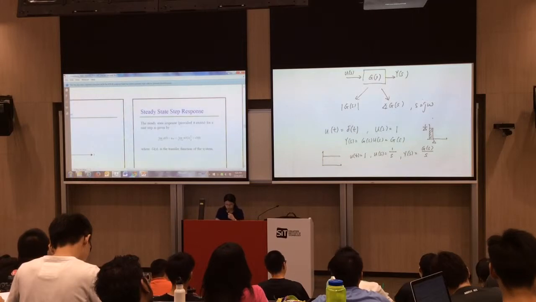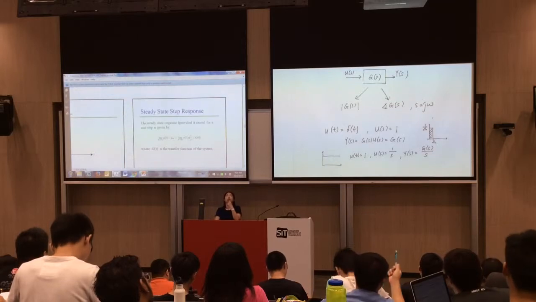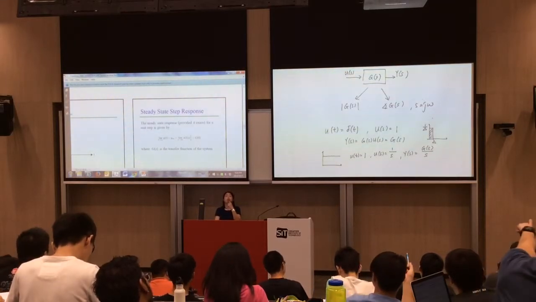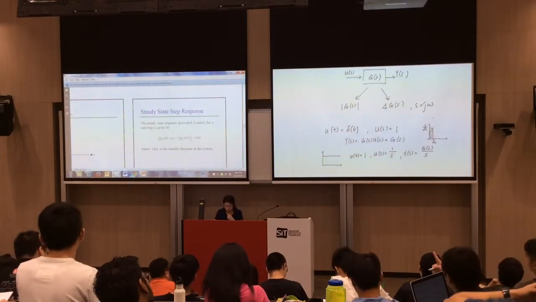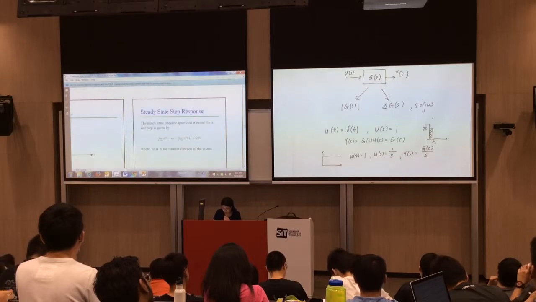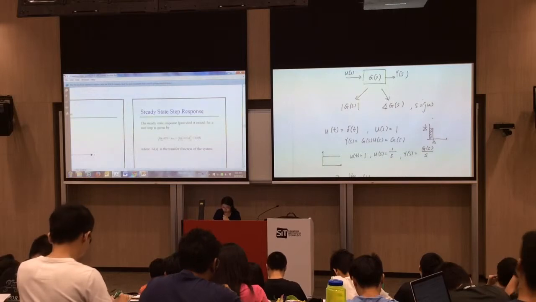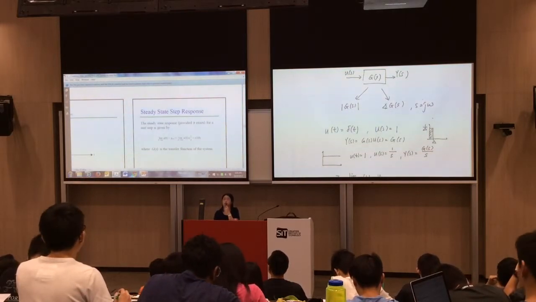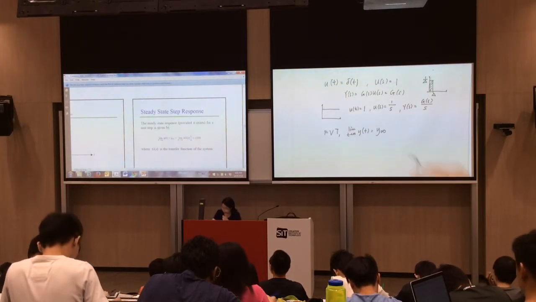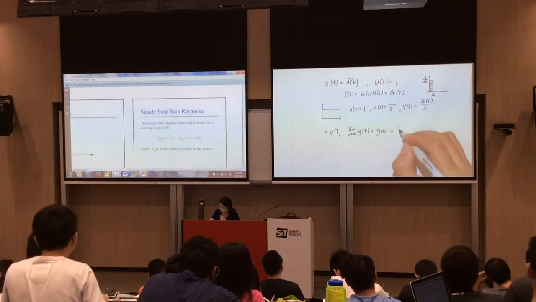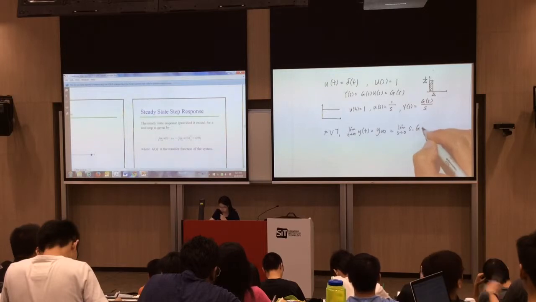Alright. We're going to say what the steady state step response is. You can see that this is the final value theorem. Still remember the final value theorem? The limit as t tends to infinity of y(t) is the steady state, y infinity, and this is the limit as s tends to 0 of s times G(s).